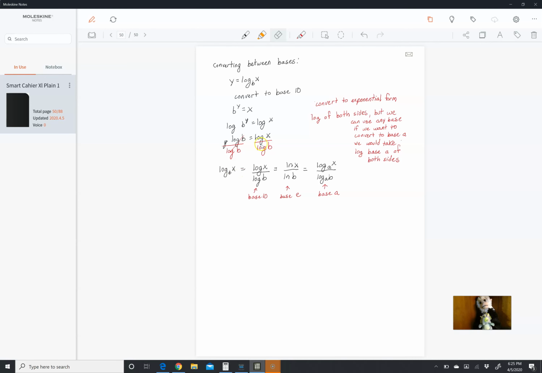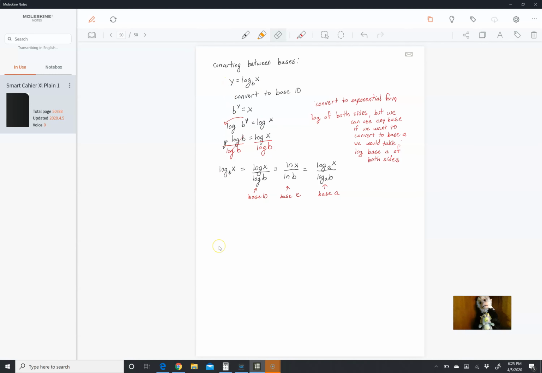And then the rest of this is exactly what we did before. We moved the exponent out to the front, okay? And then we divided both sides by the log of b so that we could isolate the y. And both of these are equal to y, so they're both equal to each other, right? Log base b of x is equal to y. Log x over log b is equal to y.